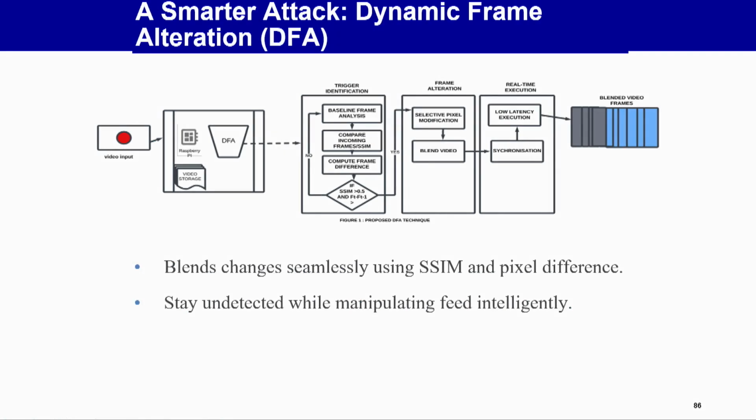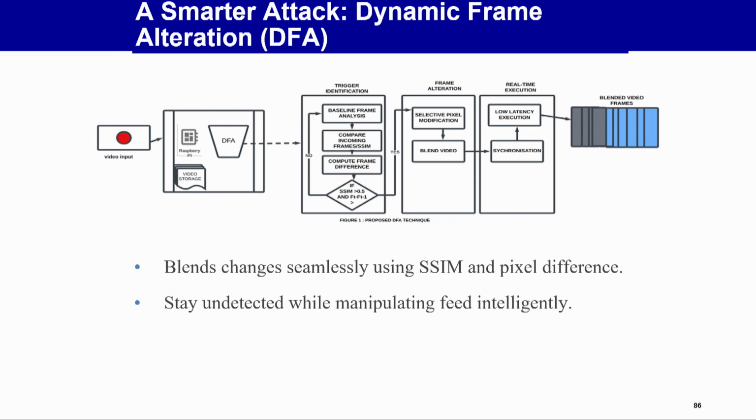Okay. So this student proposed a smarter attack. Like I said, if you want to be a security expert, be the attacker first, then you can develop the best defense. So I asked him to develop the attack methods first. He named the approach dynamic frame alteration.